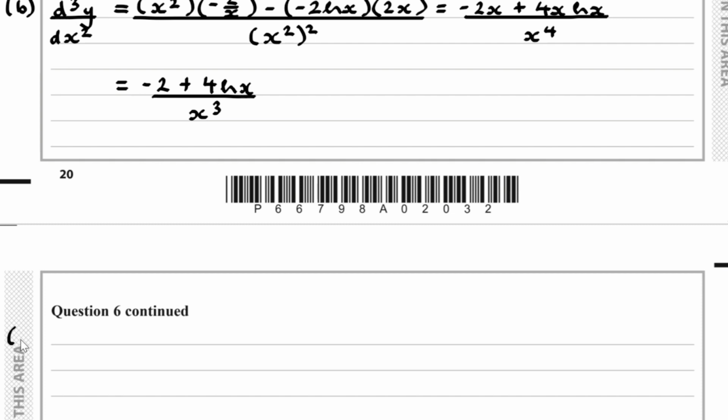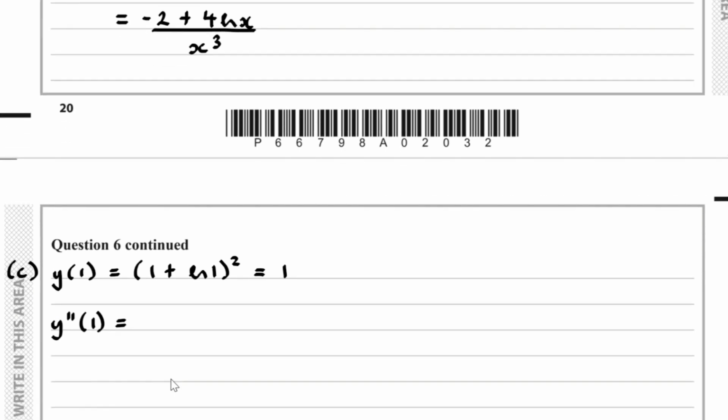So for part C, y of 1 will equal 1 plus natural log of 1 squared. 1 squared is 1. Rather, y dash of 1, that's equal to 2 plus 2 times the natural log of 1 over 1, which is 2.